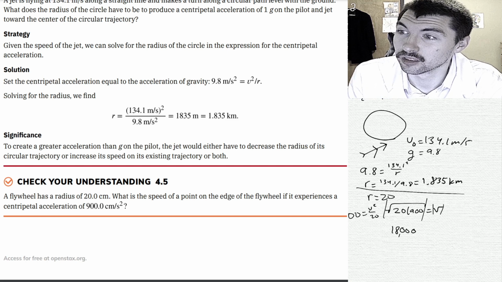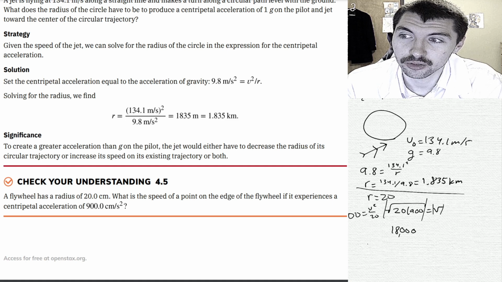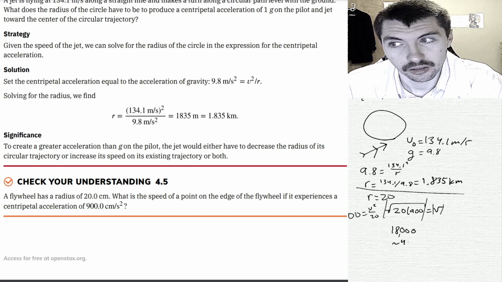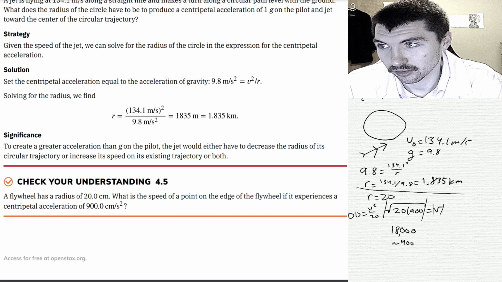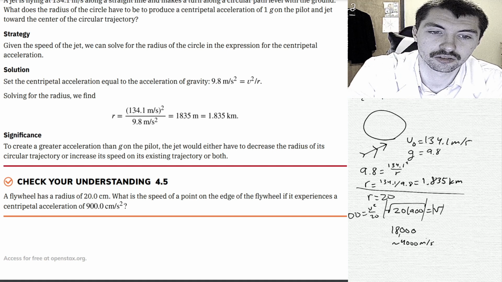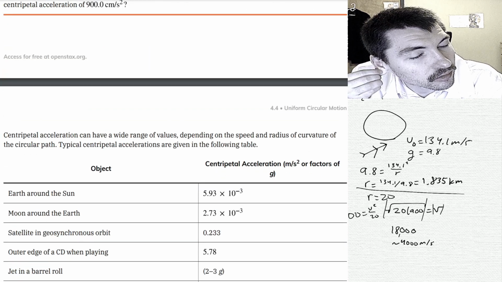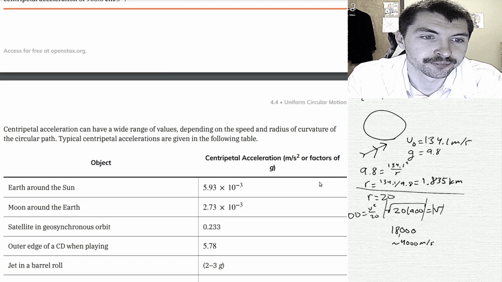What times itself is 18,000. So 3,000 times 3,000 is 9,000. So guessing approximately 4,000 is the speed. Might be off by 1,000 meters per second, but same order of magnitude.